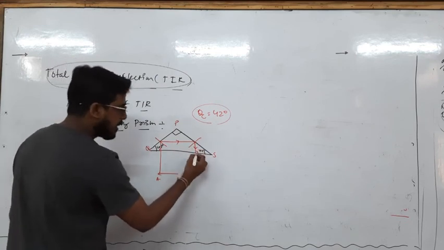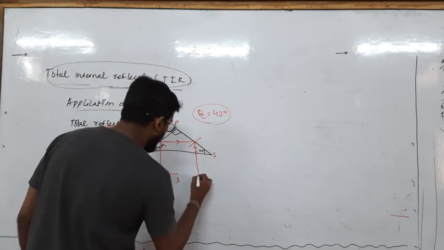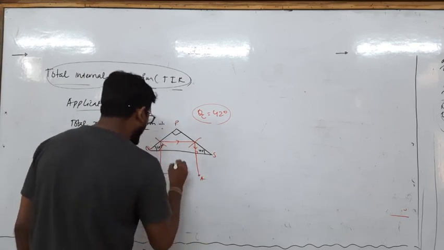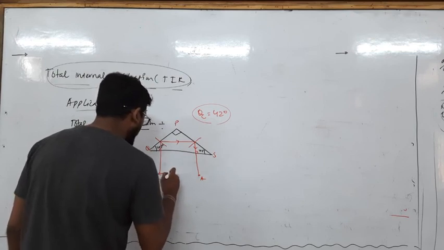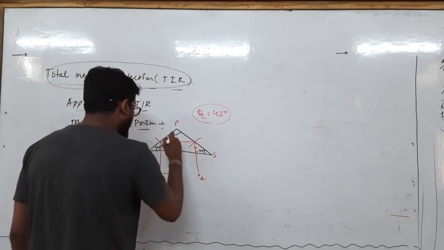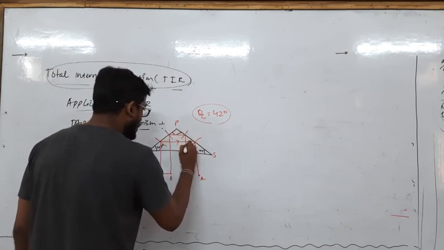As it acts normally, it will be deviated like this, and this will be the point A. Similarly from point B, another ray goes along this direction, it will strike here, and here is a normal, and it will come back like this.